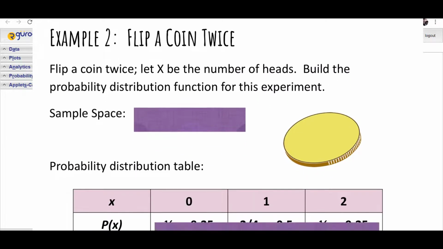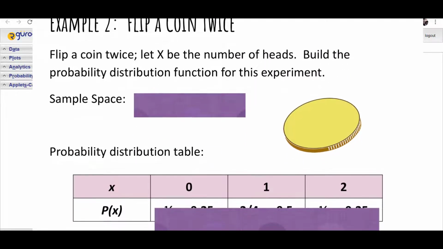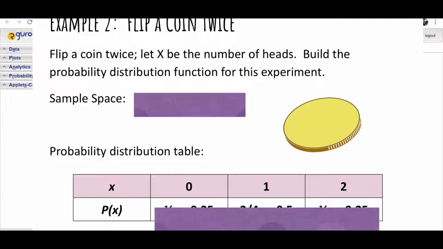All right, so if I were to flip a coin twice, let x be the number of heads, build a probability distribution function for the experiment. Sometimes it's helpful to figure out the sample space first. So what are all the different things that could happen? Let's do a tree diagram: heads or tails for the first coin.